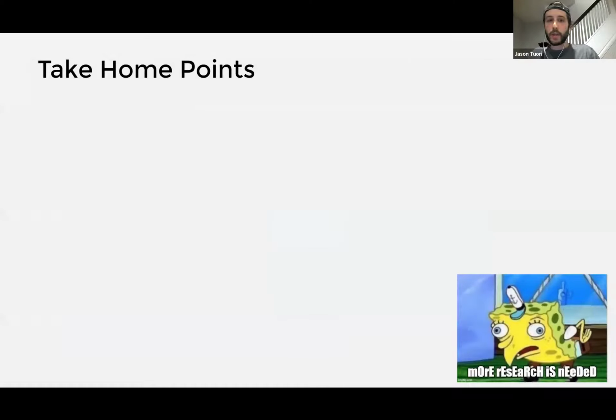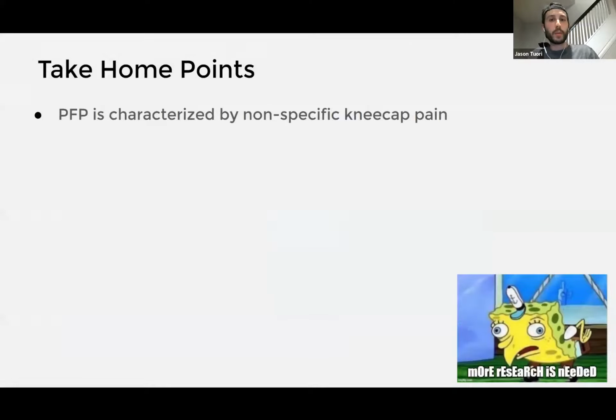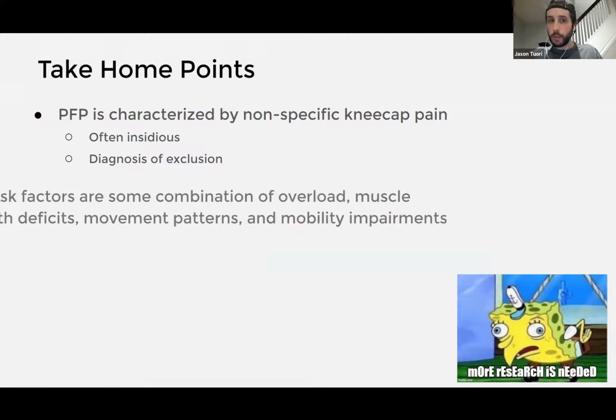So what are our take-home points? Patellofemoral pain is non-specific kneecap pain. It is non-traumatic, so it'll kind of just come on insidiously, and it's somewhat of a diagnosis of exclusion. So we've ruled out a bunch of other bad stuff, and we're left with this non-specific joint pain.